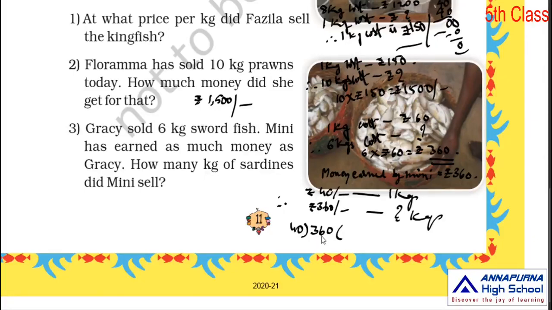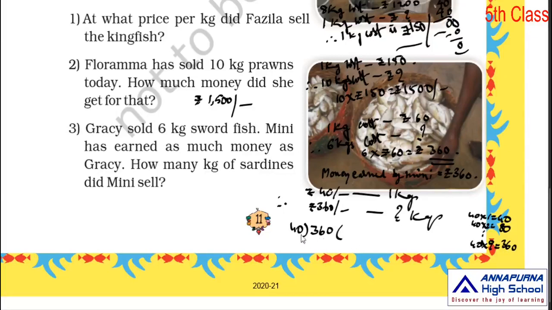Now in 36, 40 is how many times? This is less than 40, so we cannot divide. Consider these 3 digits. Now in 360, 40 is how many times? You better prepare the 40 table here. 40 ones are 40, 40 twos are 80. So like that, if you prepare it, 40 nines are 360.